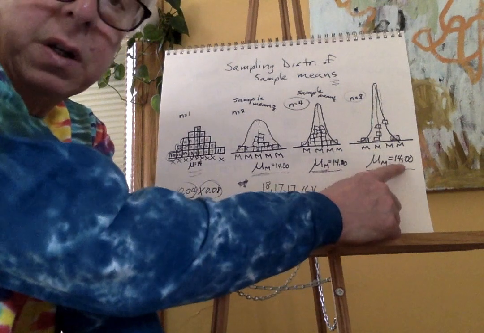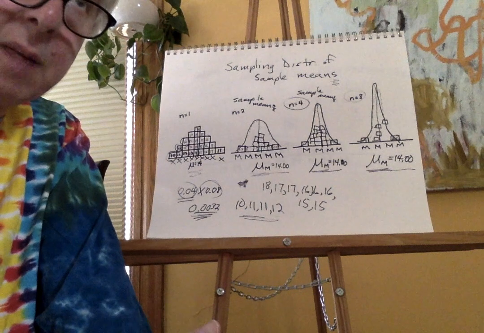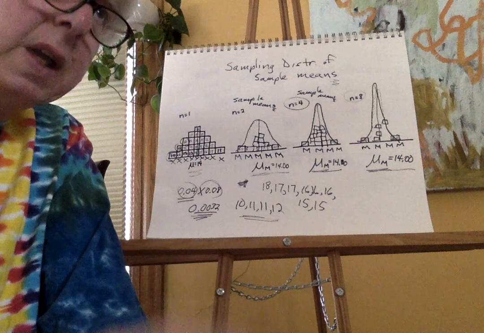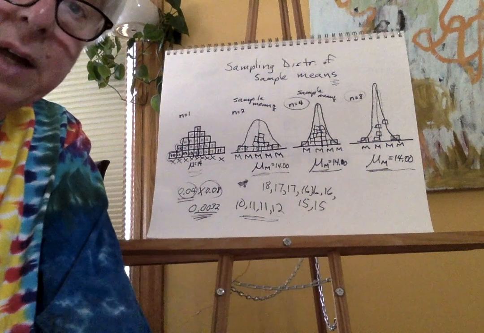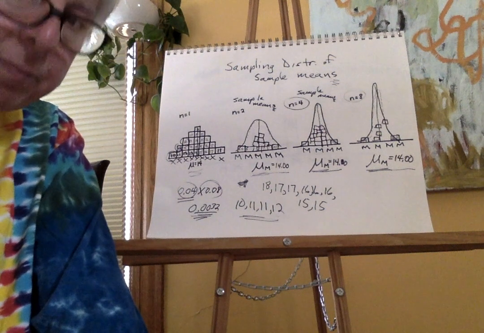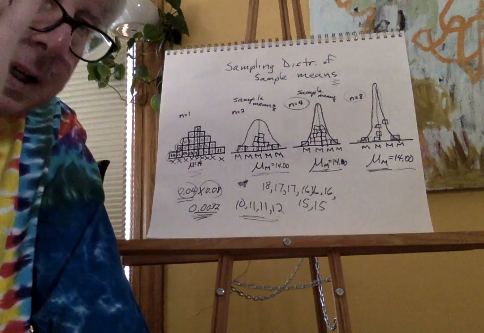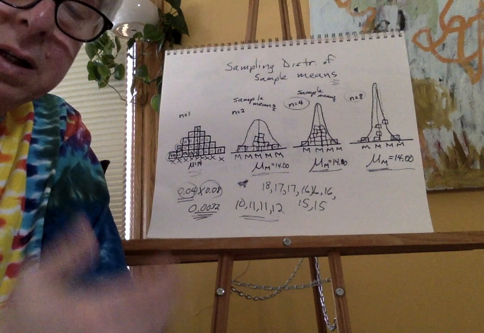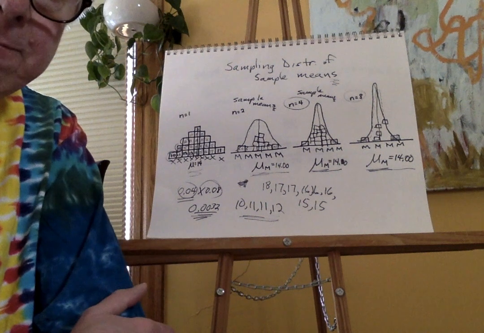And finally over here, we had samples of 8. Take out 8, get the average, plot that. Take out 8, get the average, plot that, okay? If you can keep that in mind, you'll be really well off when we move forward, okay?